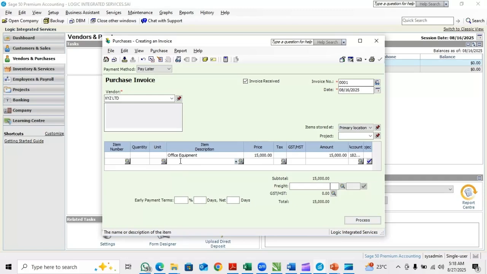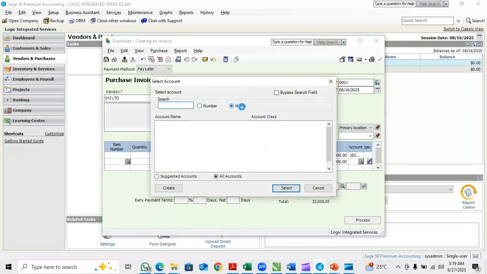Then we go for another one, office supply, 8,000 naira of office supply.